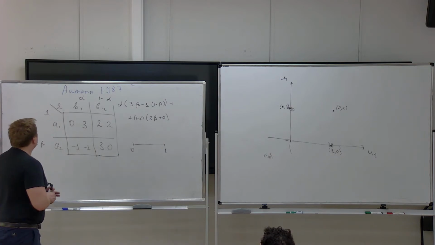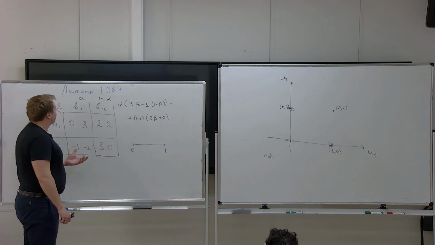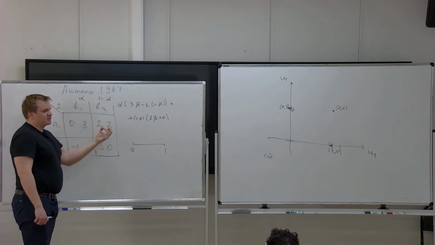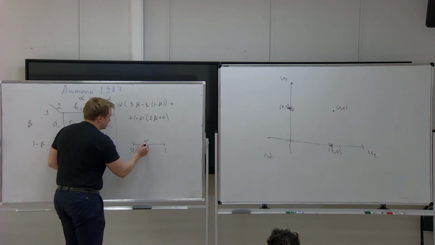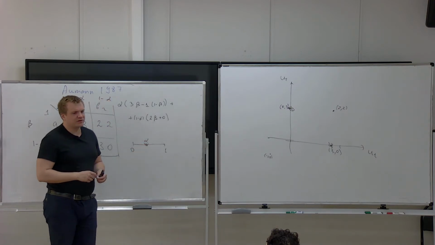It means that player 2 chooses some alpha strictly between 0 and 1. So he chooses some alpha somewhere here. How can it be?